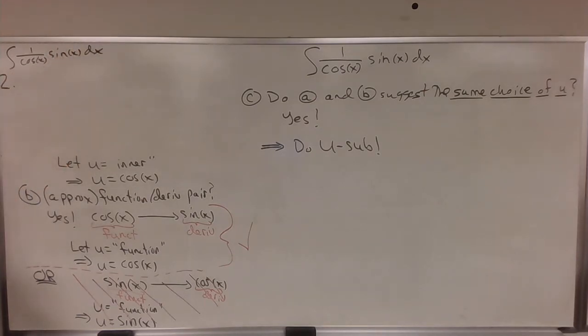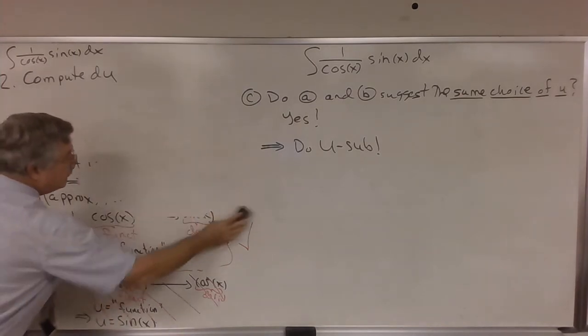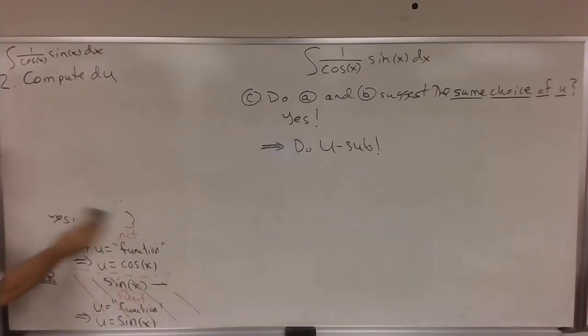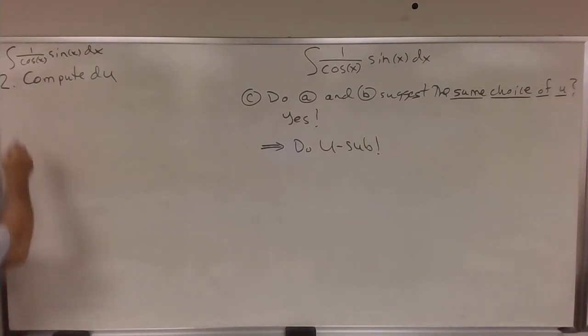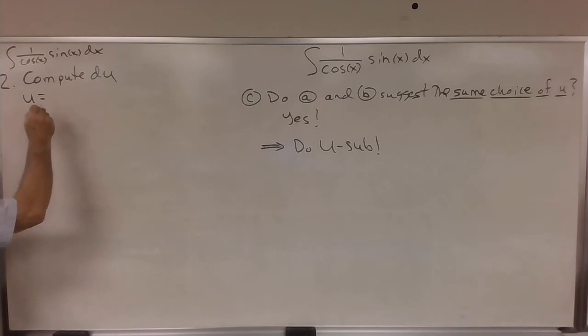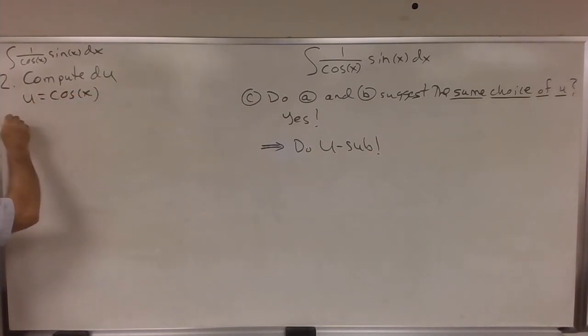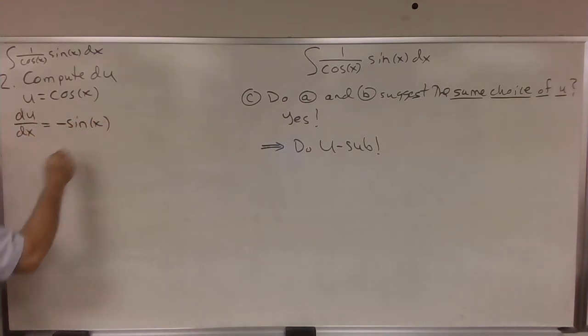And step 2, compute du. U is equal to cosine of x, du dx is equal to negative sine of x.